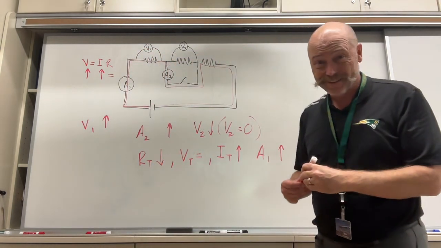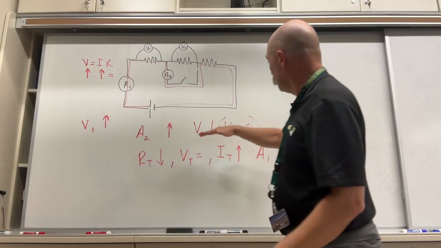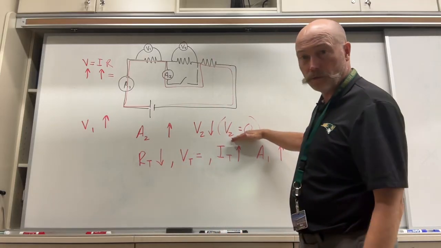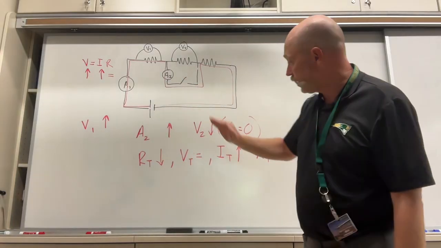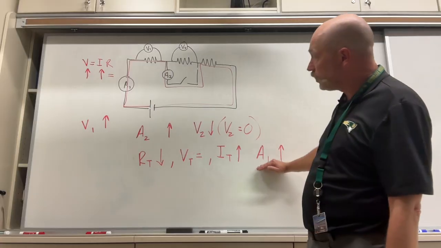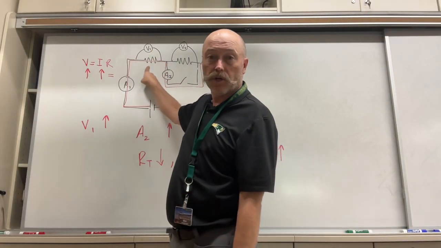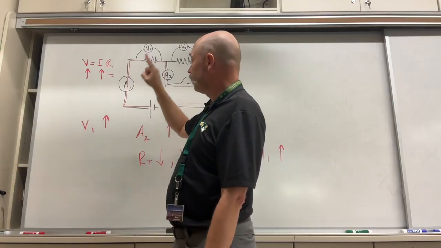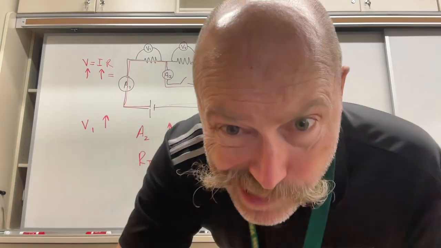When you close the switch, this goes up, this goes down because it now reads 0. The total resistance of my circuit goes down, so my total current has to go up, which means A1 has to go up. If A1 goes up, this resistor has more current and the same resistance, so it's going to have a bigger voltage across it. Boom! There you go.